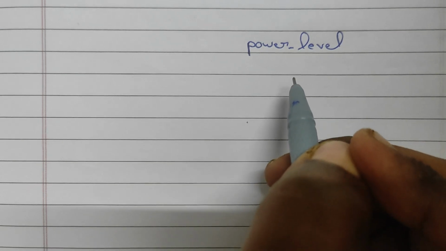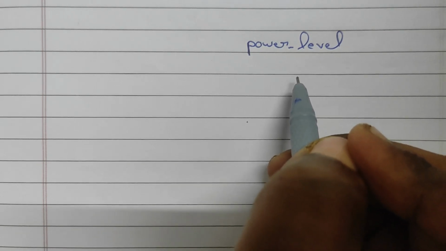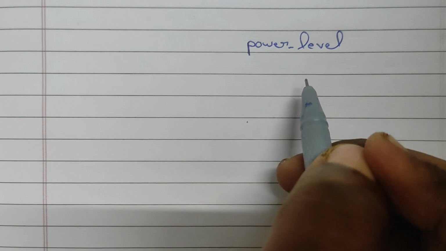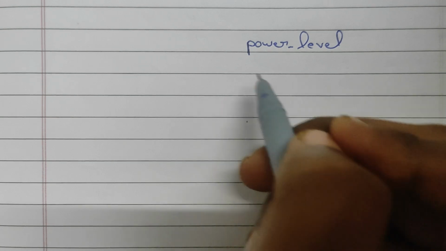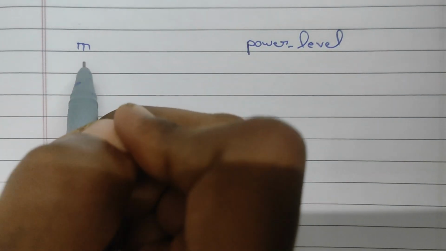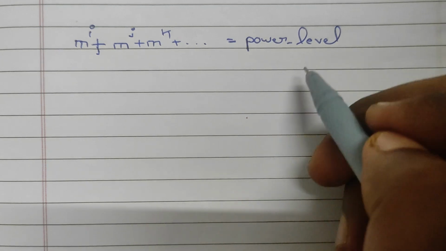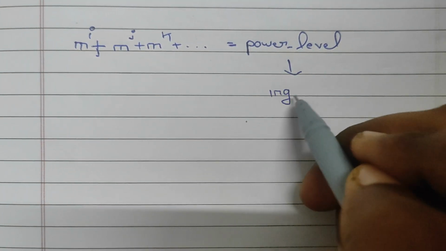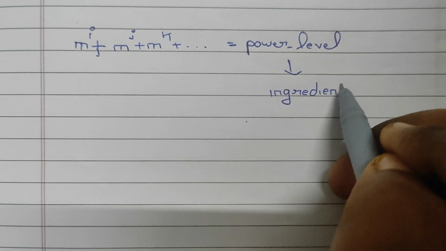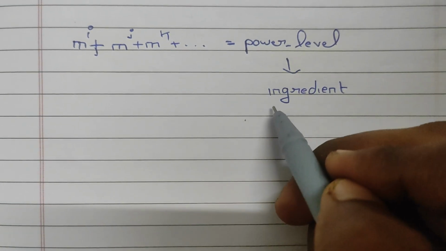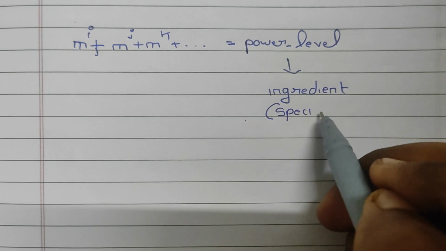If this power level can be expressed as the sum of distinct non-negative powers of m, for example, m raised to i plus m raised to j plus m raised to k and so on is equal to the power level, then the ingredient which has this particular power level will be called special.